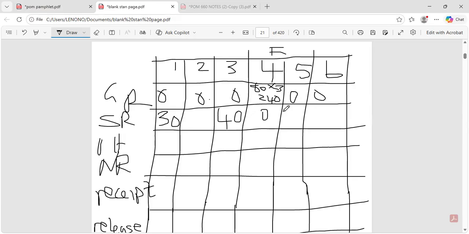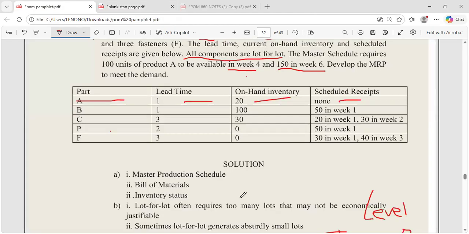Then these other ones are zeros. What is on hand? F is 0 on hand.